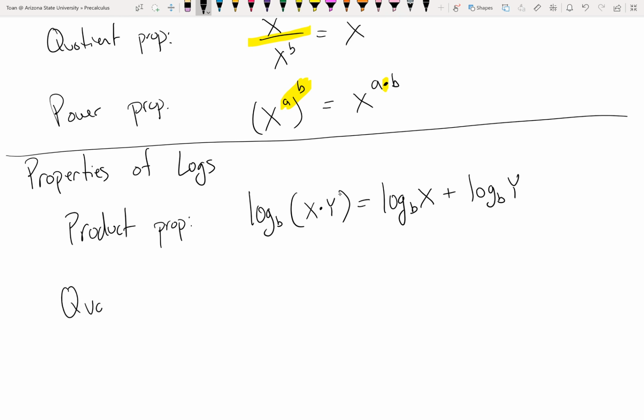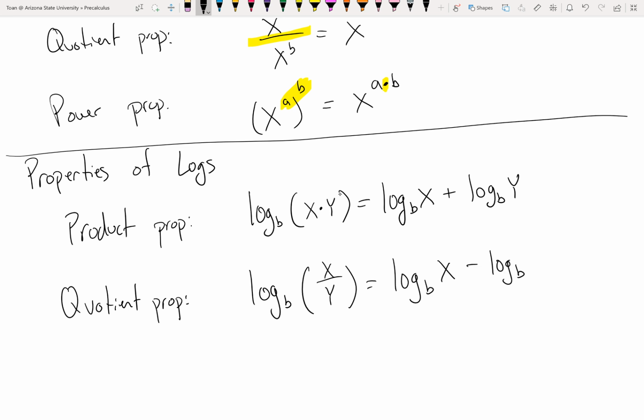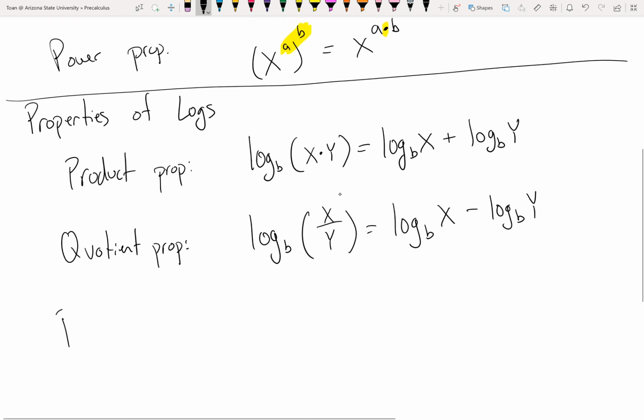What does the quotient property say? It says if you have a logarithmic expression and you have division on the inside, that is equivalent to the 2 separate logs as long as you subtract them. And finally, we have the power property of logs.